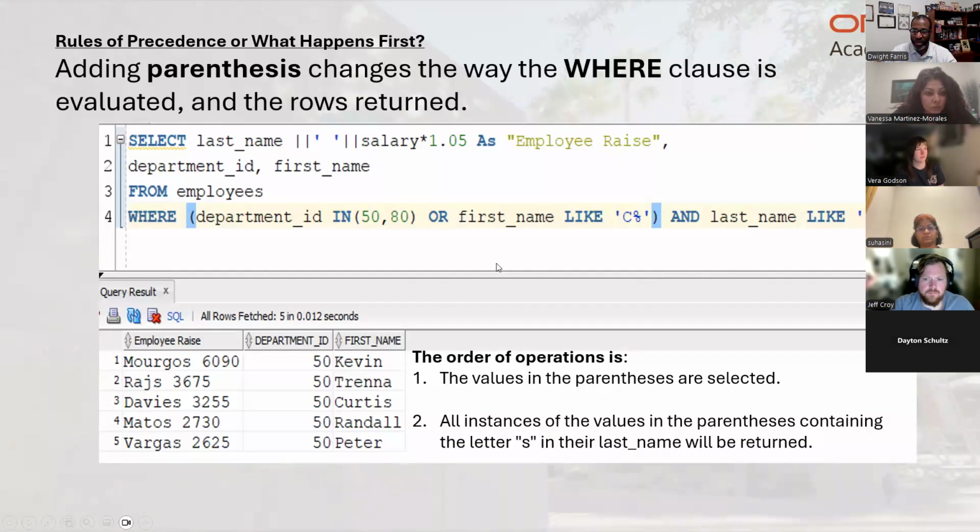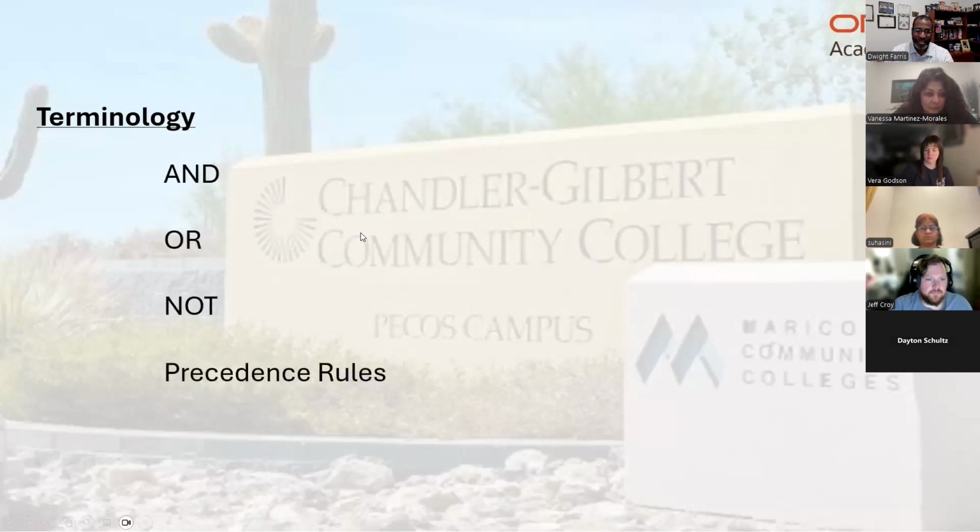But if we're looking for all of the individuals that have S in their name, etc. Right, does that make sense? Did I confuse everyone? Are we okay with it? Thumbs up. All right, so our terminology for this particular topic: AND, OR, NOT, and rules of precedence, or precedence rules.